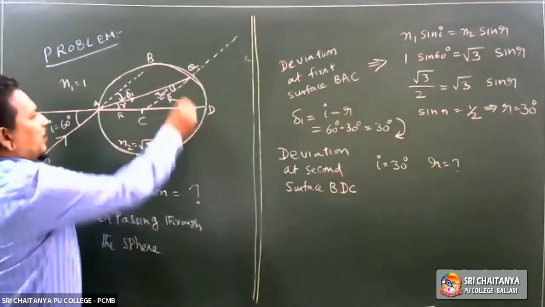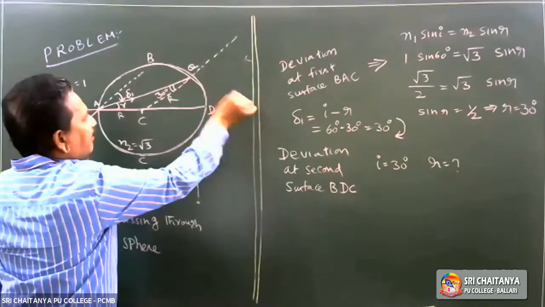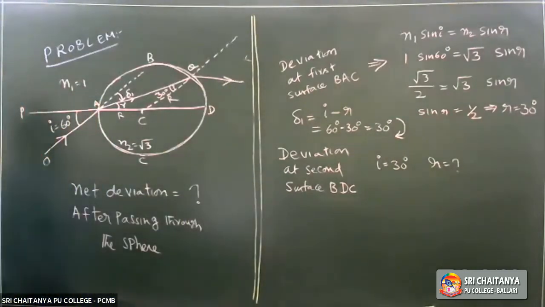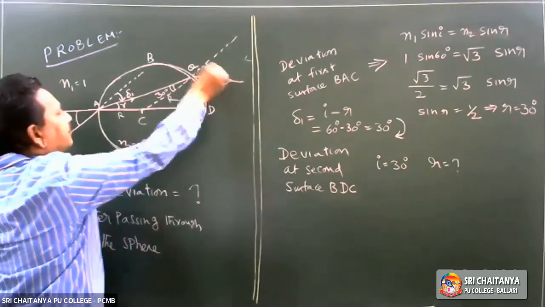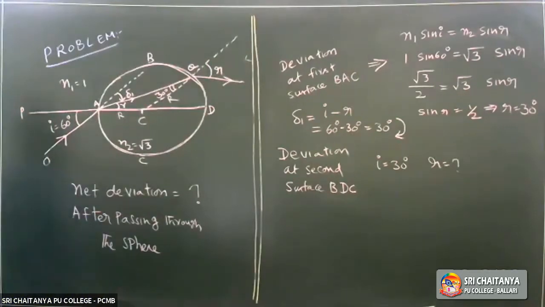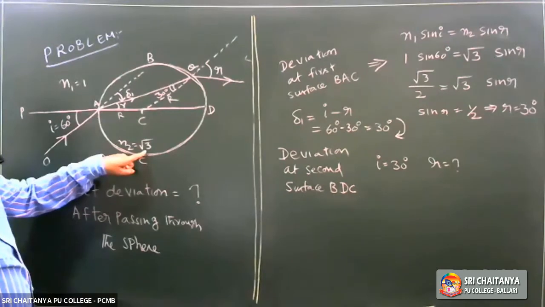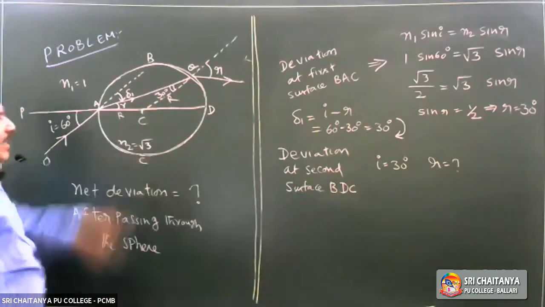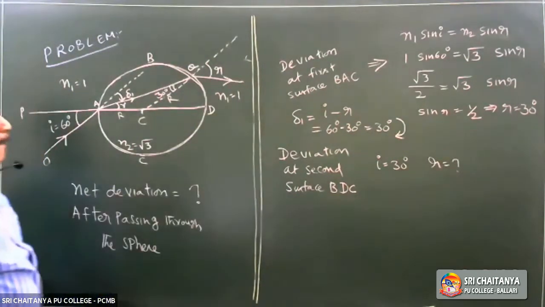Here it is traveling from denser medium to rarer medium, so it bends away from the normal. So this is R, we have to find this one. I know the refractive index of this medium, root 3. What is the angle? 30. Refractive index of the medium air is equal to 1.